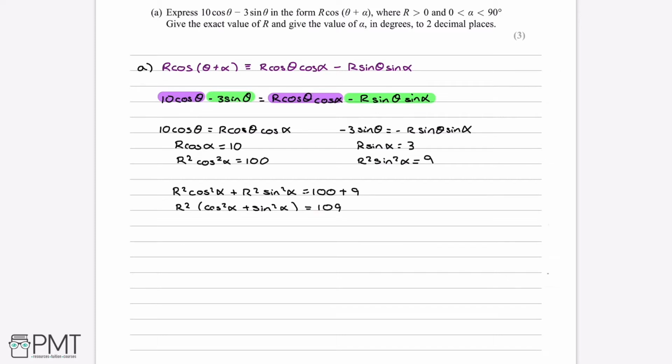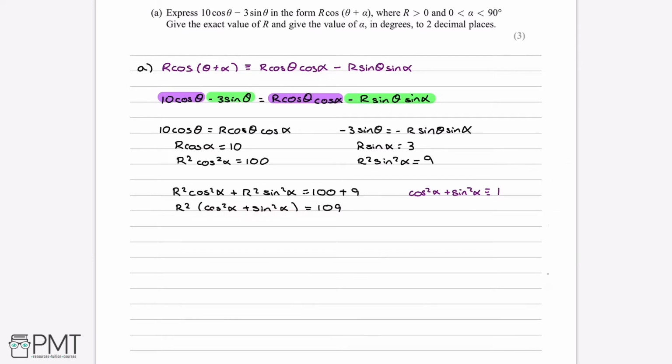If we recall the trigonometric identity that states that cos squared alpha plus sine squared alpha is identical to 1, we can see that here in this bracket we have exactly that. So we can write this as r squared multiplied by 1, so just r squared, and this is still equal to 109. To get r, if we square root both sides, we get that r is equal to the square root of 109.